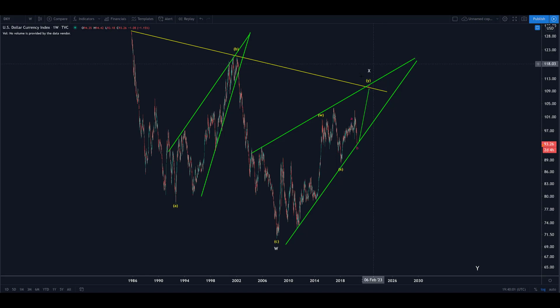But after this white X wave of this W-X is complete, the Y wave down will probably bring a multi-decade decline of the dollar to sub 50 cents.